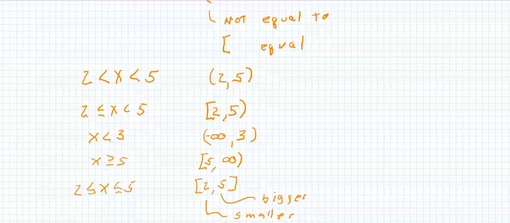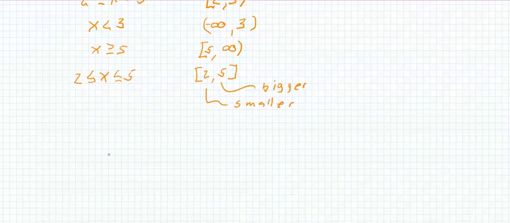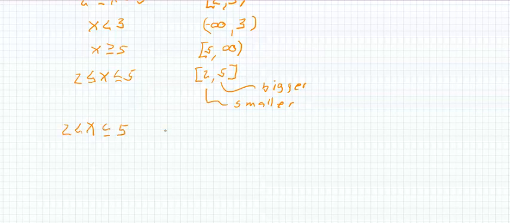The last thing we have to look at with interval notation is if I have x greater than 2, less than or equal to 5, or x is greater than or equal to 7, less than 10, for instance.